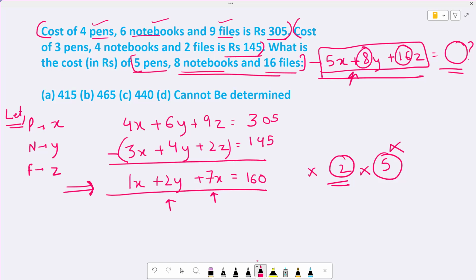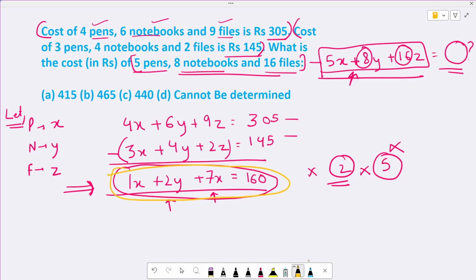Another way we can try is to add or subtract the given equations themselves. This is completely a hit and trial method, and if the thought clicks at that particular moment, then we can do these kinds of questions.